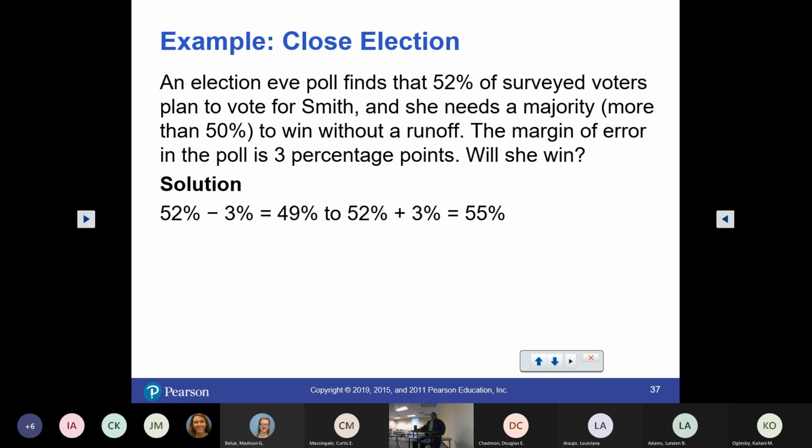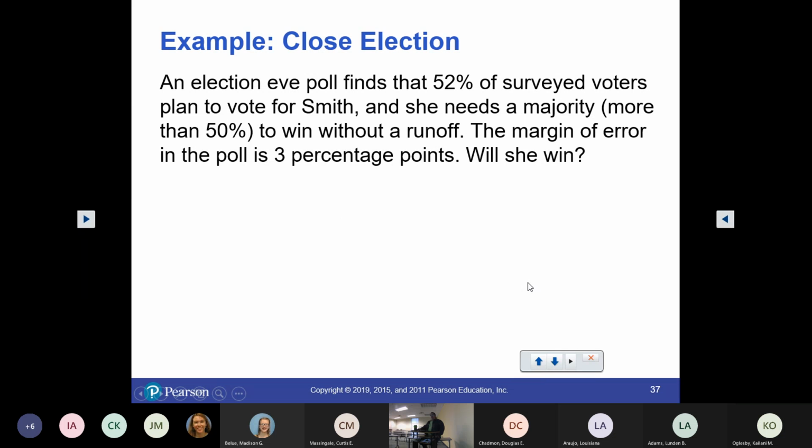All right, so here's a good example of a close selection, a good example of a margin of error, and how a margin of error is used to make a confidence interval.